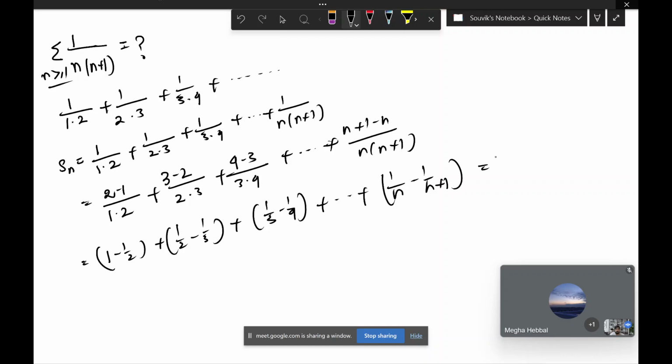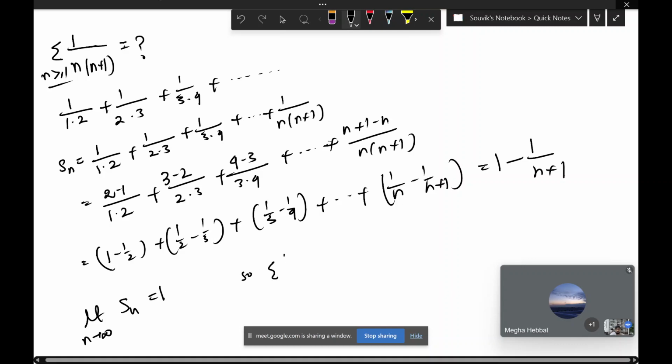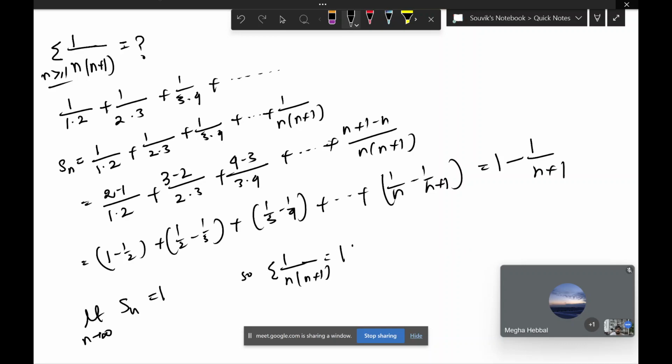By cancellation this gives 1 minus 1 by n plus 1. So the limit of Sn as n tends to infinity is 1. So the value of the summation 1 by n into n plus 1 is equal to 1.